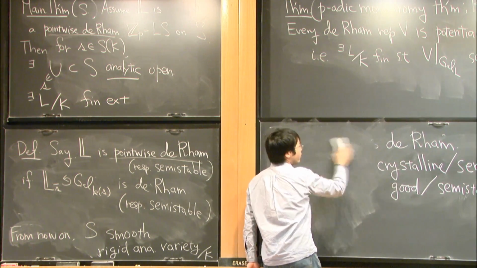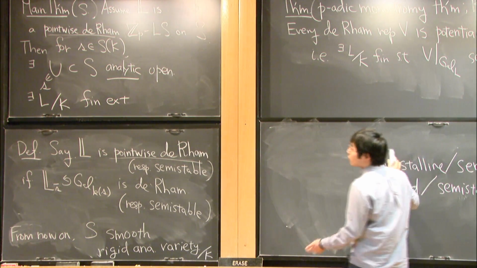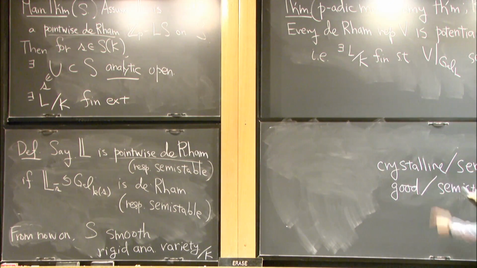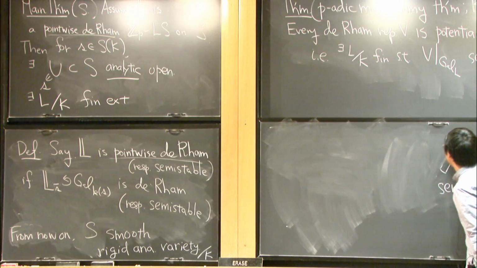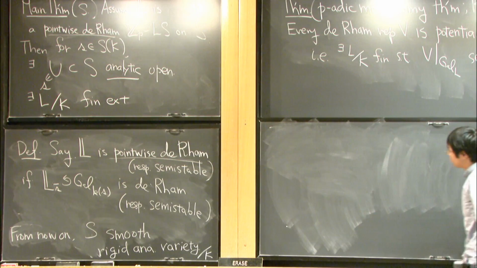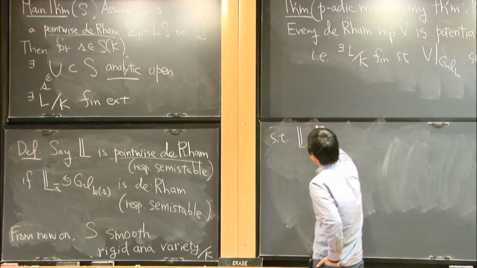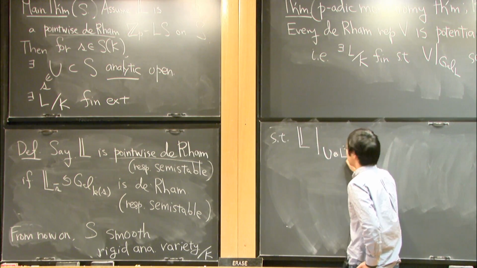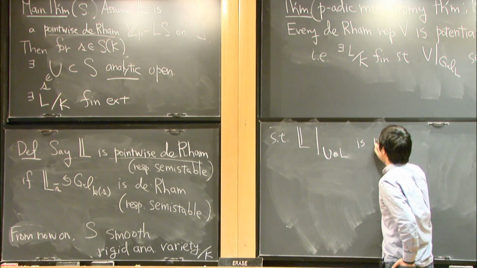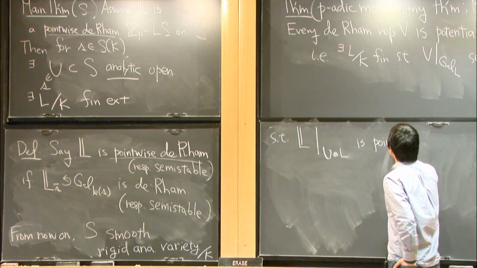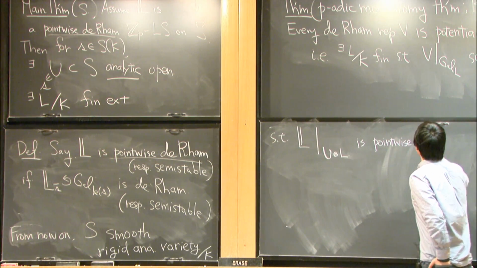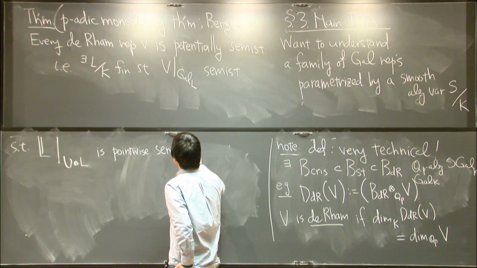Namely, if you restrict the local system L to U and base change to this field extension, then it's pointwise semistable.